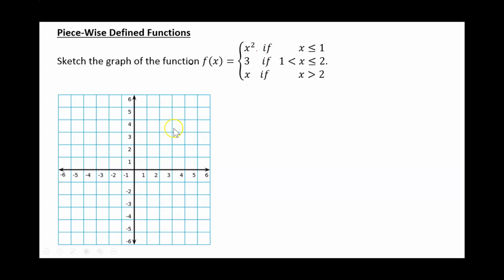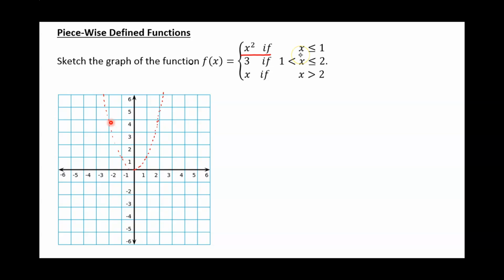All right, so if I am going to graph that, then I'm going to start with x squared. If I graph x squared, that's the parabola starting at (0, 0), and it goes through (1, 1), (2, 4), (-1, 1), (-2, 4). There's my parabola.